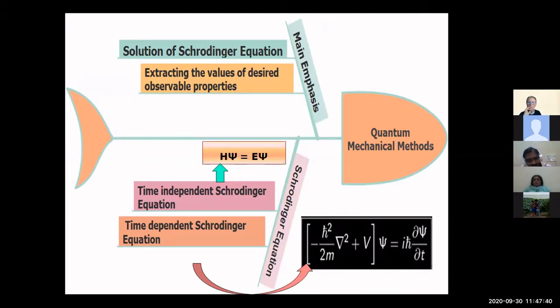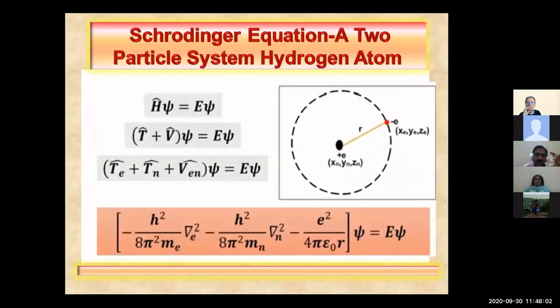There are two types of Schrodinger equation: one is time dependent and one is time independent. The time independent Schrodinger equation is useful in predicting equilibrium geometries and structures of the chemical species under study, whereas time dependent systems allow us to make spectroscopic calculations.